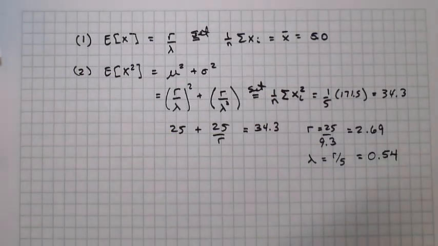And so that's another way of using the method of moments here for the gamma function.